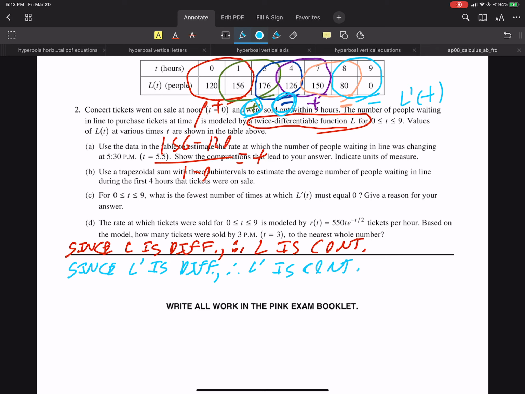Then that same argument, since between 3 and 4, the derivative is negative, and between 4 and 7, it went positive, therefore, by the intermediate value theorem, L prime of t had to be 0 between those 2 points. And the same thing, between 4 and 7, it had to be positive, and between 7 and 8, it's negative. Therefore, since 0 is between those, by the intermediate value theorem, L prime of t had to equal 0. So therefore, you get a conclusion 3 times.